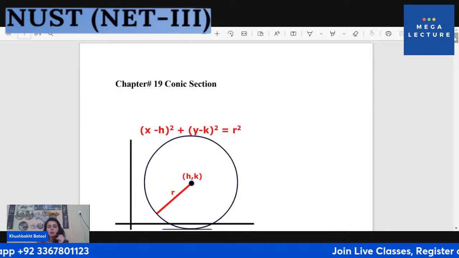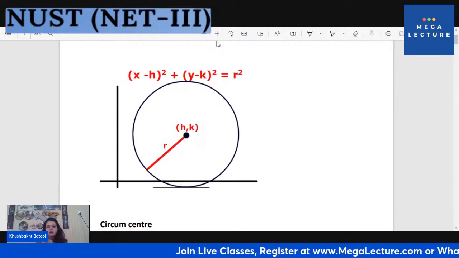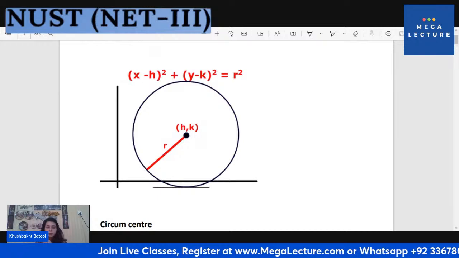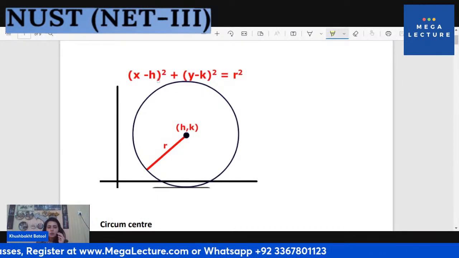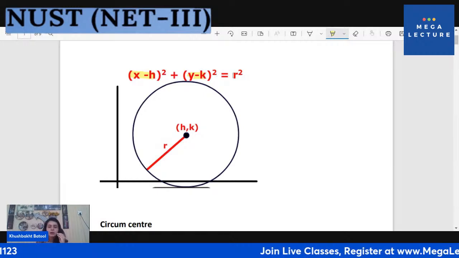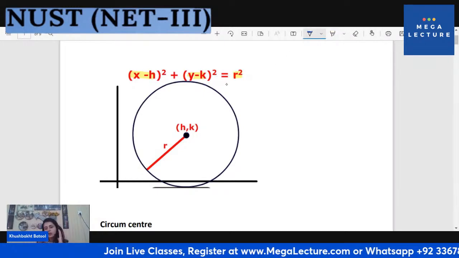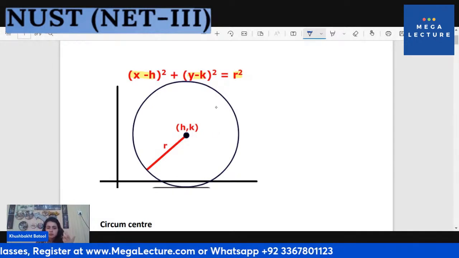All right, so in conic section we will be talking about parabola, circles, and these shapes. Okay, so this is a circle. The general equation of a circle looks like (x - h)² + (y - k)² = r². Now this general equation has a lot to do with the appearance of the circle.